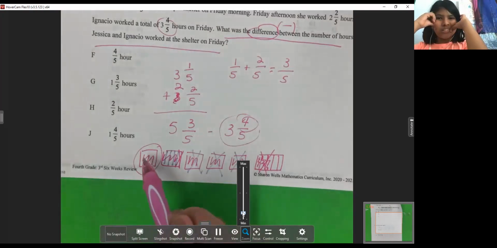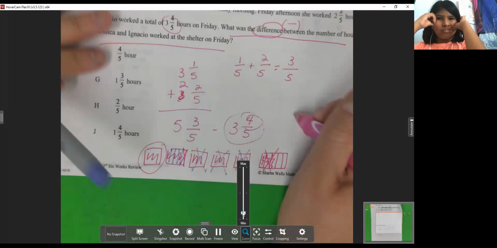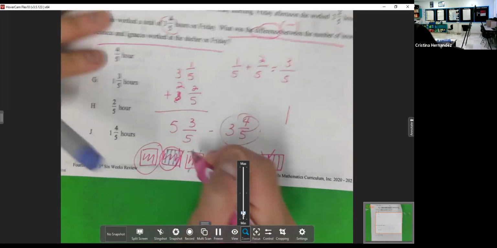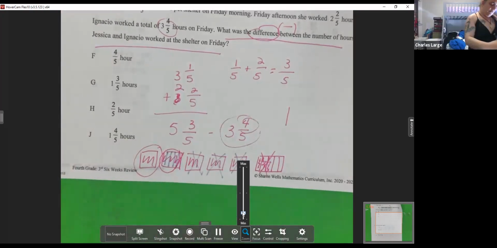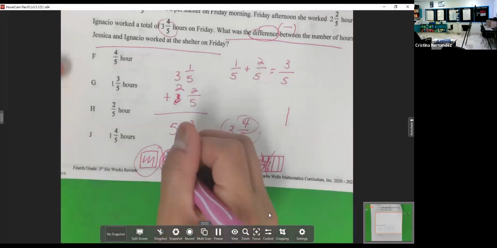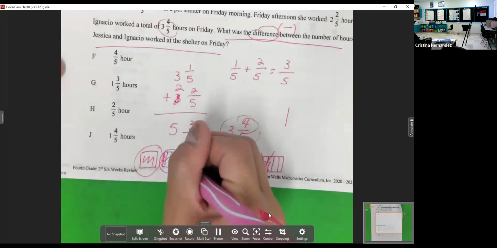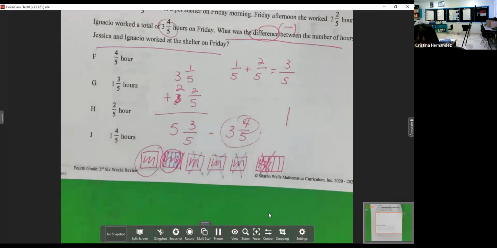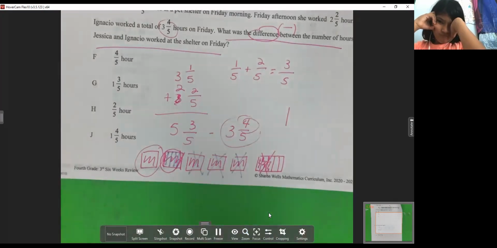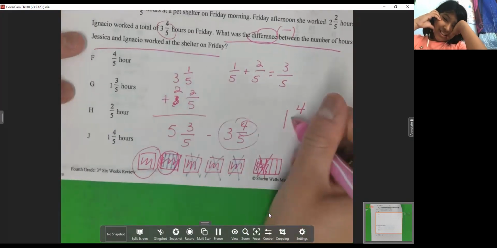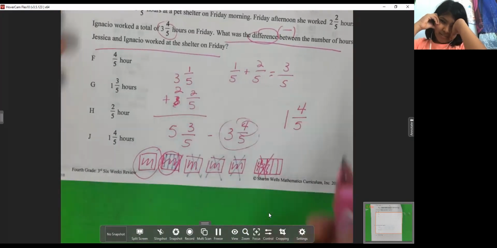And then, what am I looking for in my picture? I know my picture's hard to see. That's why I zoomed in. 1, 2, 3, 4. How many am I left with? 4 out of what? And the denominators stay the same. So 4 fifths.